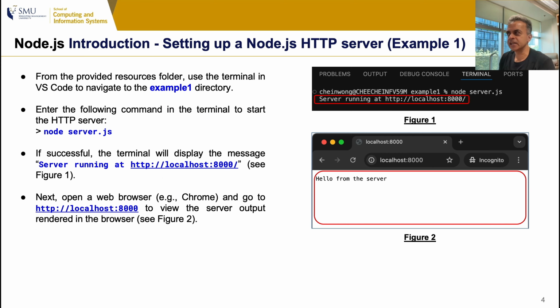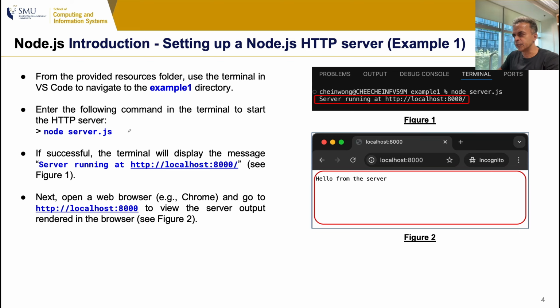So how do you set up a server and how do you actually run it? We have seen this a couple of times before. What you would do is have a file called server.js, and then to run it, from a command prompt attached to the current folder where this file server.js resides, you just issue that command.